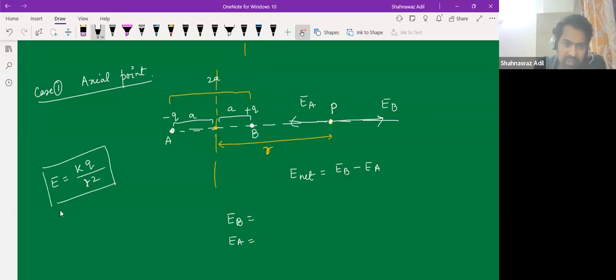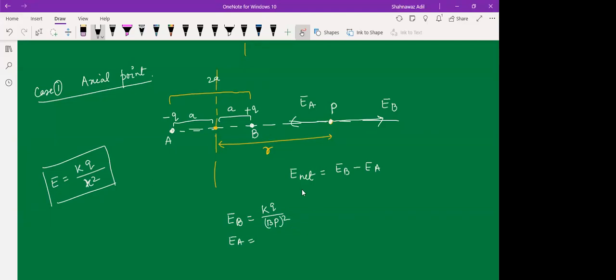So let me write it as X. We are calculating the electric field at point P due to B. So that would be how much? KQ divided by BP square. Right, guys? Yes, sir.